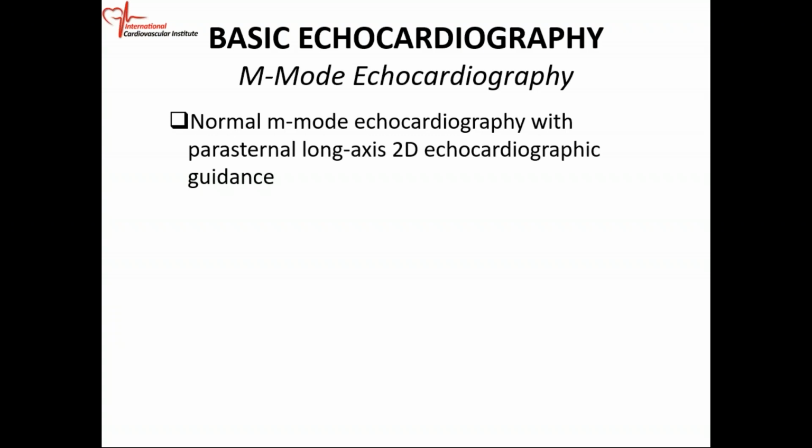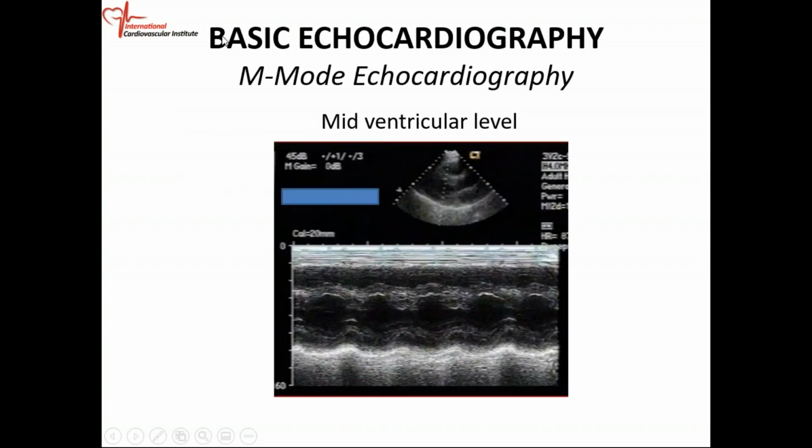In the earlier days when they were doing M mode, they did not have that luxury, because remember, M mode was developed first, so they didn't have any two-dimensional echo. So they had no guidance. You put your probe on the patient and you get your squiggly lines and you need to figure out what's going on. We don't have to do that today because our M mode is guided.